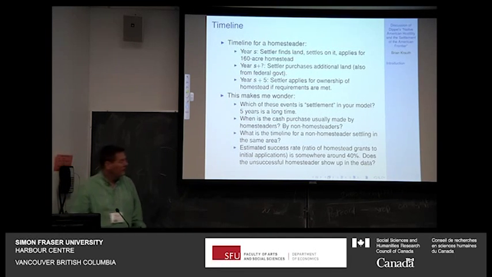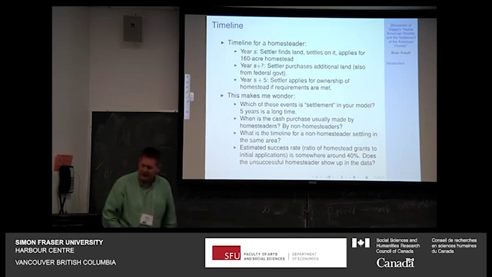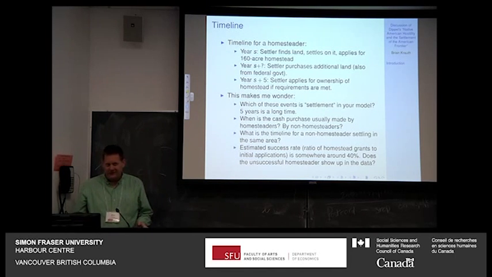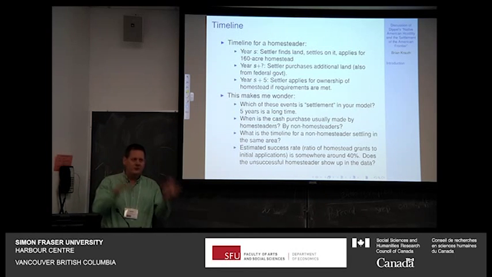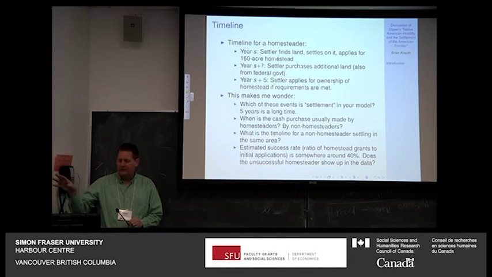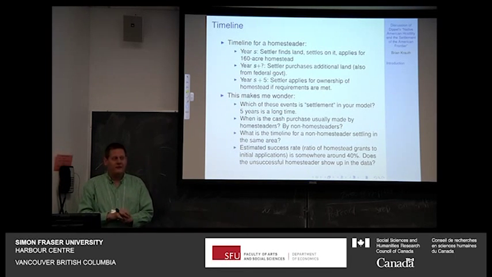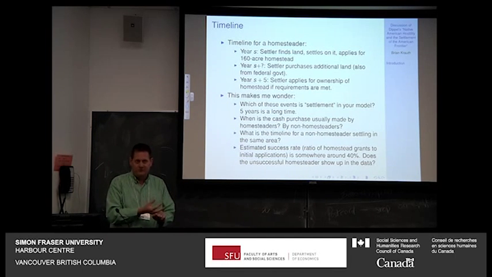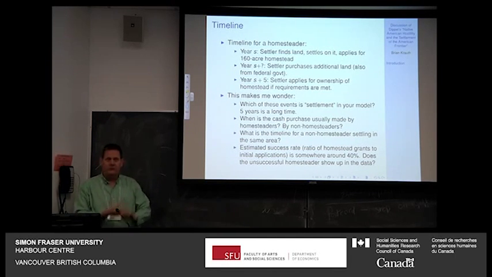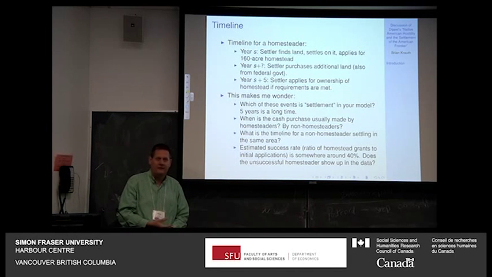All right, now, I was a little confused by the timeline. So here's my understanding of the timeline. Year S, the settler goes, finds a suitable piece of land, settles on it, goes to the land office, applies for the 160-acre homestead. 5 years later, goes back to the land office, establishes that he has satisfied the residency and improvement requirements, and applies for the actual title to that land.